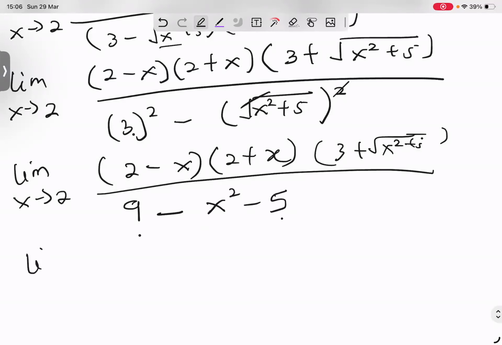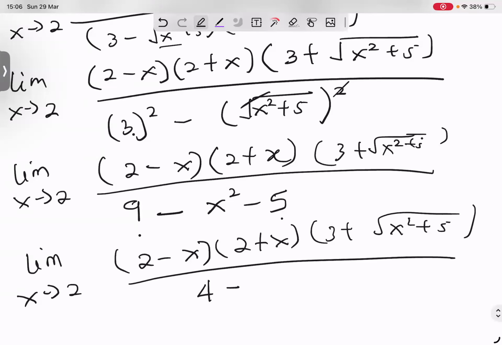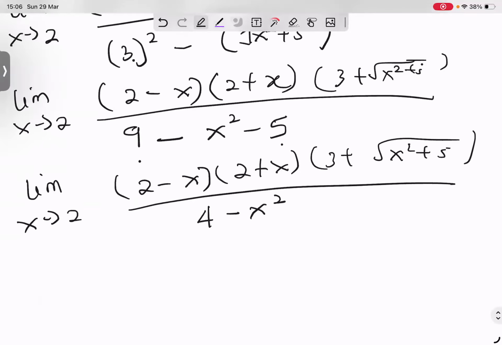So limit as x approaches 2 of (2 minus x)(2 plus x)(3 plus root of x squared plus 5), divided by 4 minus x squared. Now you notice the 4 minus x squared is also the same as (2 minus x)(2 plus x).